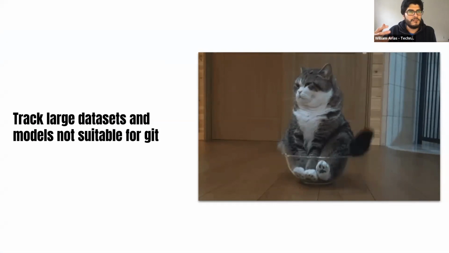This data can be binary, it can be a picture, it can be an audio file, and that type of data is not suitable for Git. You can't easily track these data sets on Git, so it might crash it. I have seen cases in real life where people were putting all their training data in their Git repositories and they crashed them.